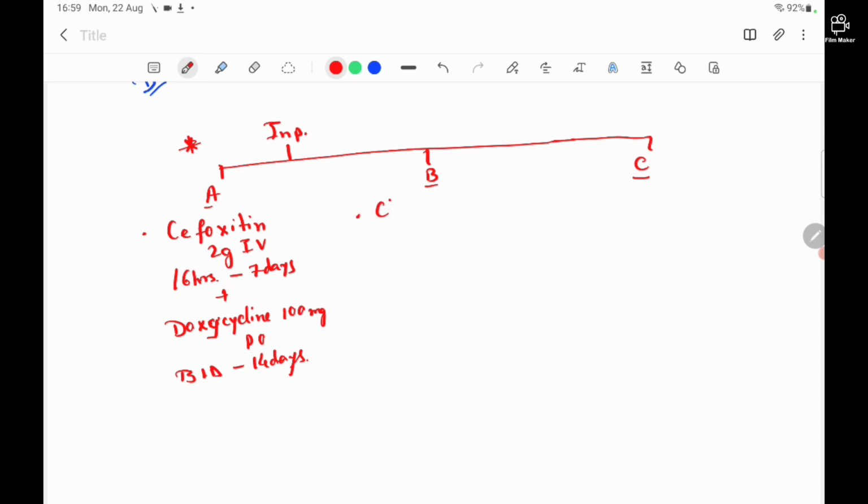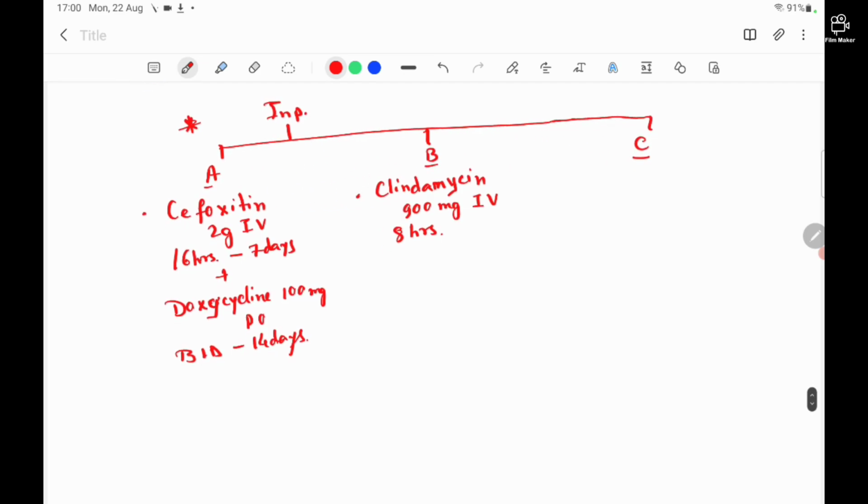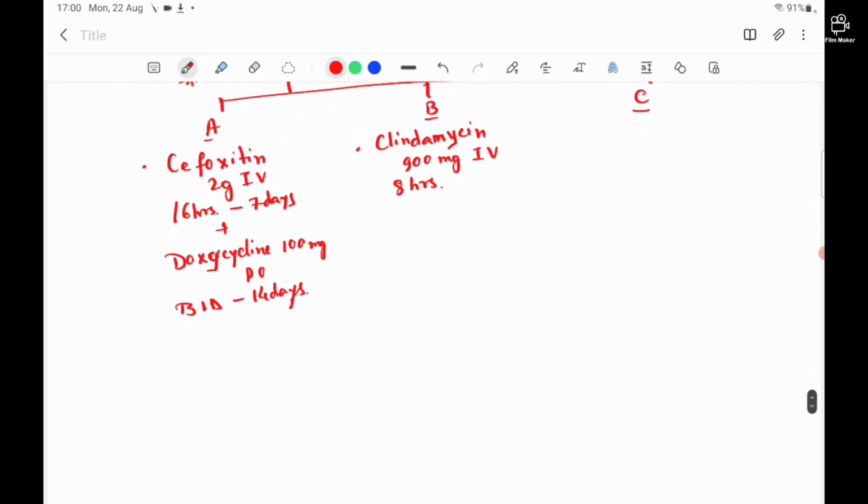B is clindamycin 900 mg intravenous. You see, everything is intravenous, nothing is oral, 8 hours apart, unlike the tablet regime. The main thing is intravenous, plus gentamicin 2 milligram per kg intravenous.